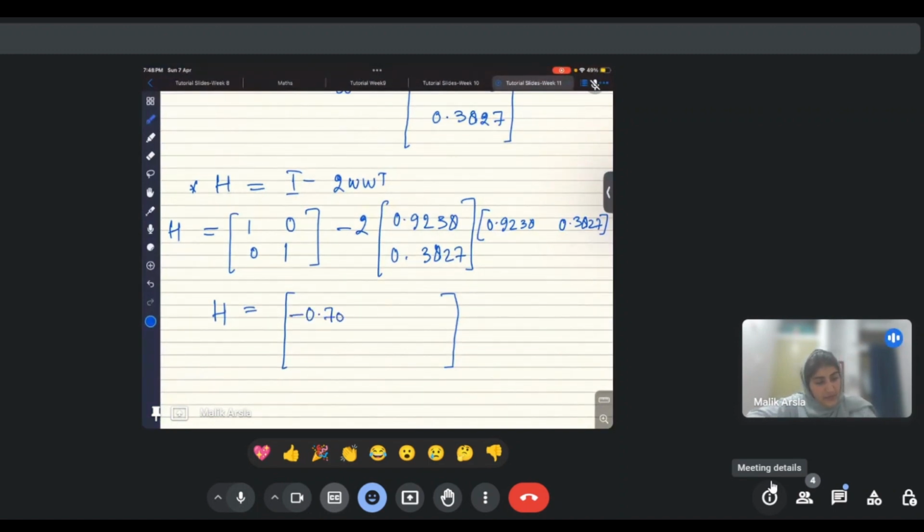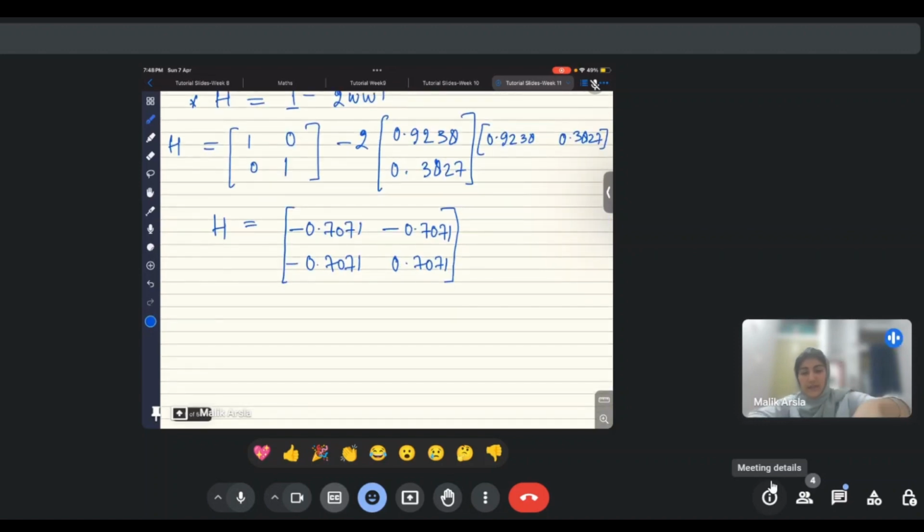I have done it. It is coming out to be minus 0.7071. The second entry is minus 0.7071. The third one is minus 0.7071. And the last one is 0.7071. Okay, so this is what I am getting.